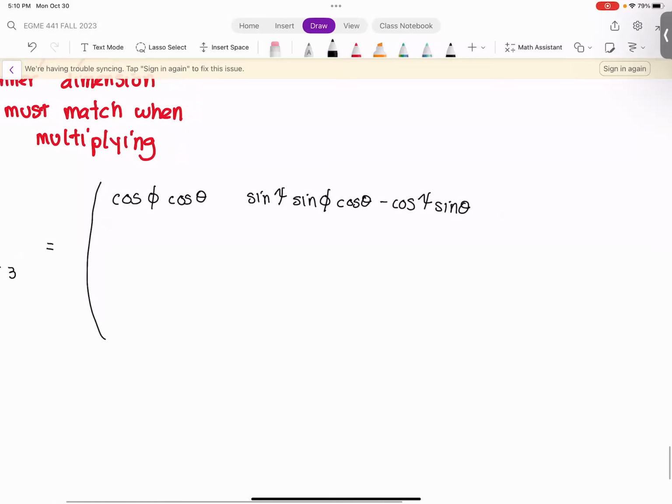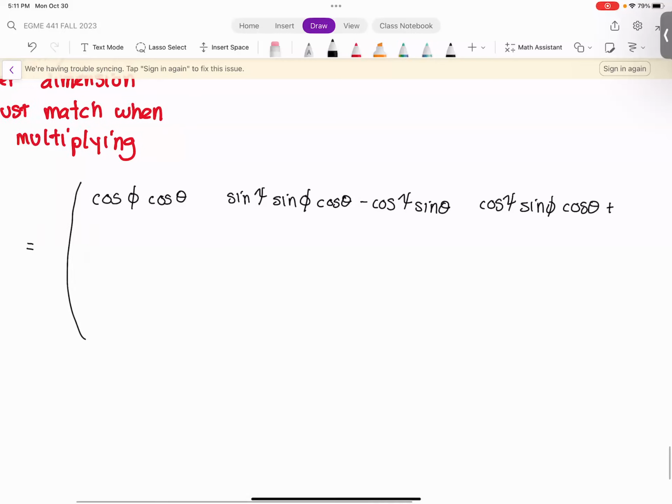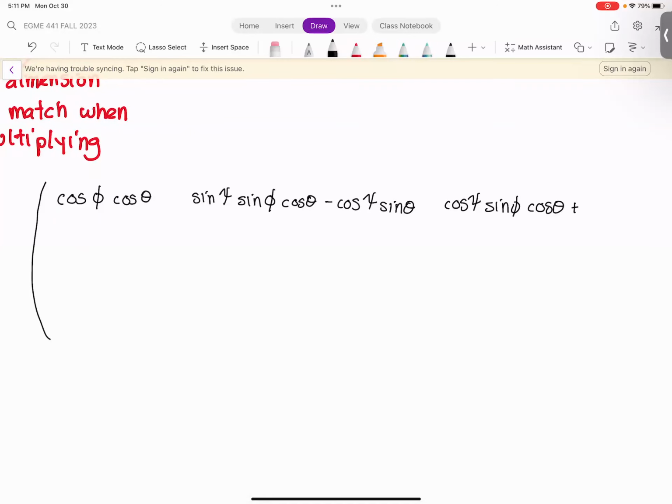And then the third entry in the first row is cosine psi, sine phi, cosine theta, plus sine psi, sine theta.